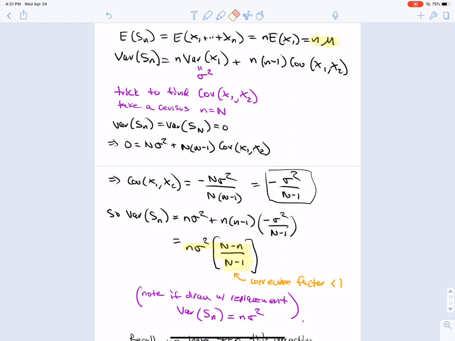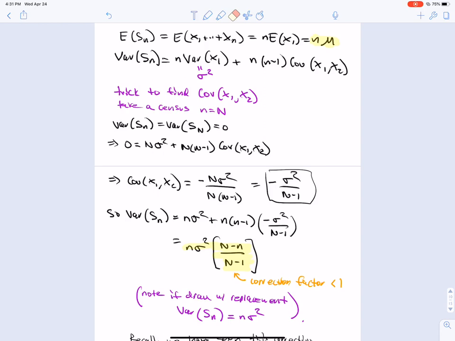So now that we know what the covariance of x1 and x2 are, we have a formula now for the variance of S sub n, and that's n sigma squared plus n times n minus 1, then minus sigma squared over capital N minus 1. Do some rearrangements here. We get n sigma squared times capital N minus little n over capital N minus 1. And you'll recognize this as the correction factor.